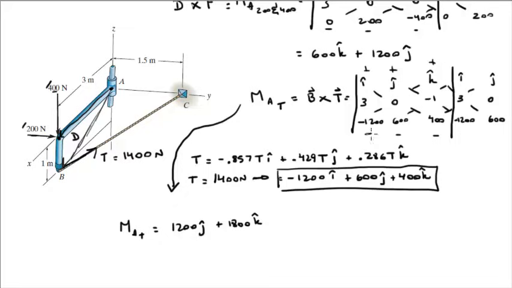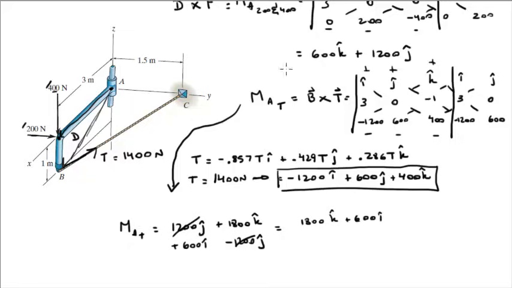Now negative diagonals. The first one has a 0, so it cancels out. The second one's negative times 600 times -1 times i, so it's positive 600i. And the last one is negative times 400 times 3 times j, so it's negative 1200j. Which is curious, these two cancel out, and this comes out to be 1800 in the k plus 600 in the i.